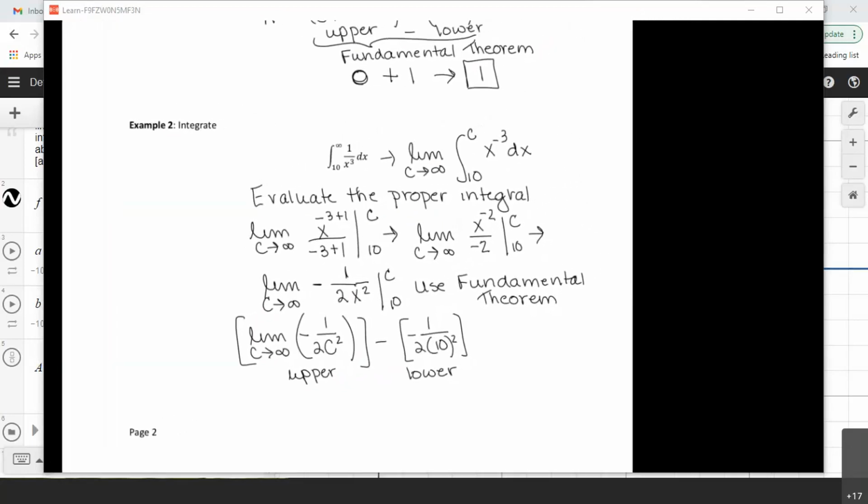Okay, so I plugged in 10 for my x. So here's the same antiderivative expression evaluated at c, and here it is evaluated at 10. Now, if I let c approach infinity, notice the c is in the denominator. So my question is, what happens to negative 1 over 2c squared as c gets large?